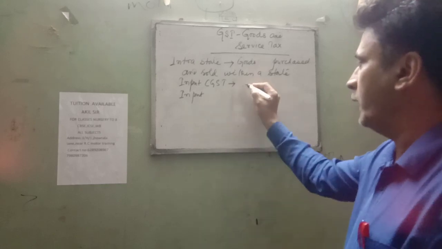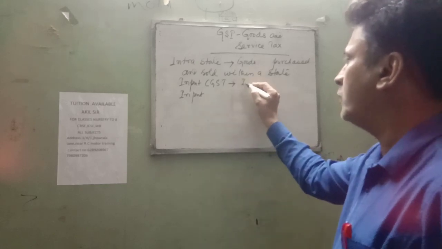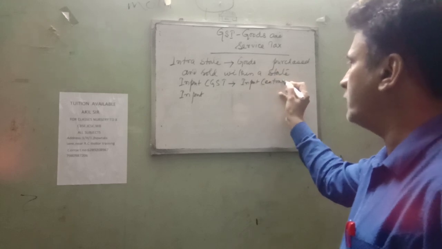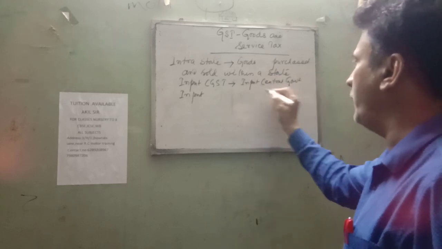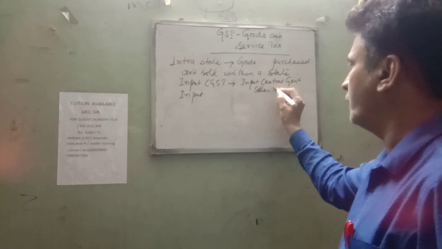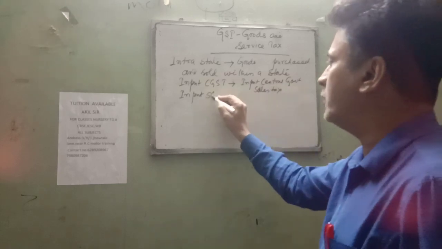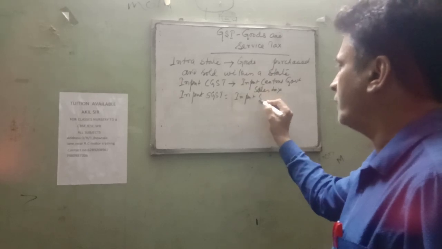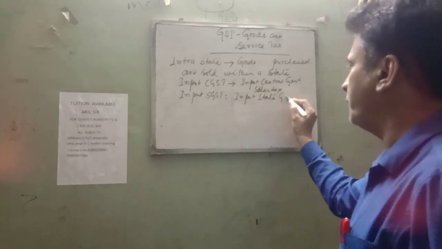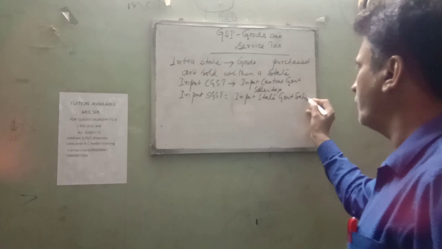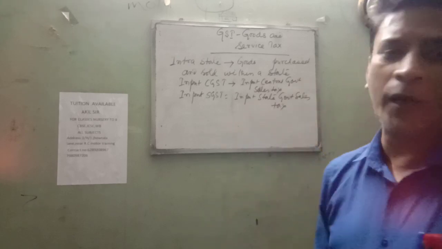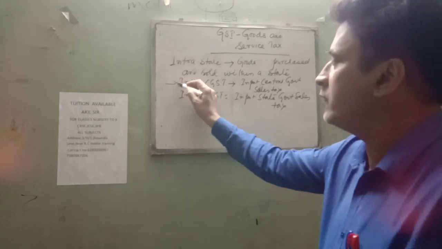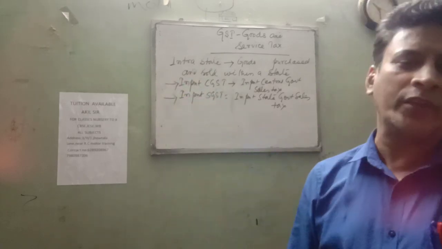Okay. So input CGST means input central government sales tax, and input SGST means input state government sales tax. So when goods are purchased within a state, half of the tax goes to the central government and half goes to the state government.